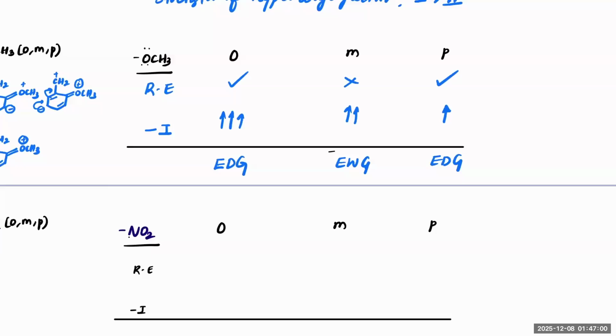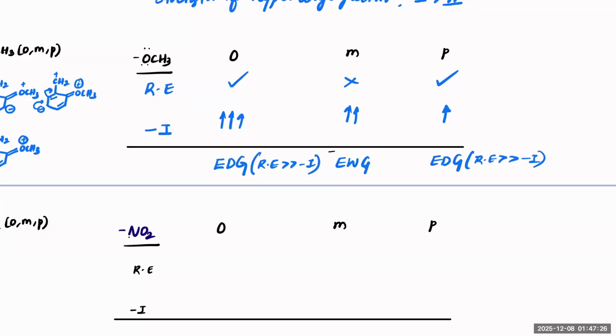Now you might wonder, sir, here resonance is happening and inductive is also happening, which one should be given priority? You know that resonance is always a very, very high priority compared to minus I. Same logic on para also. Resonance is almost the dominant effect compared to minus I. That's why if you compare ortho and para, they are electron donating.